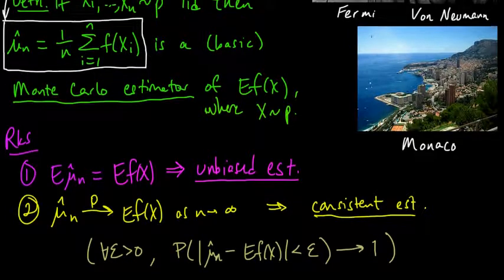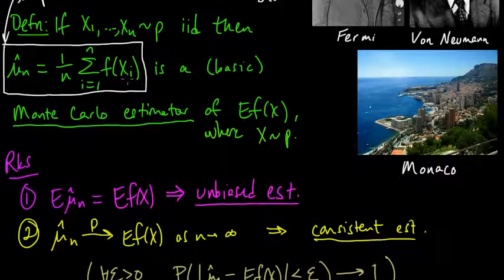And these are IID, so this is a sum of IID random variables. And in particular, it's a sum of independent random variables. So the variance of a sum of independent random variables is the sum of the variances, and they're identically distributed.